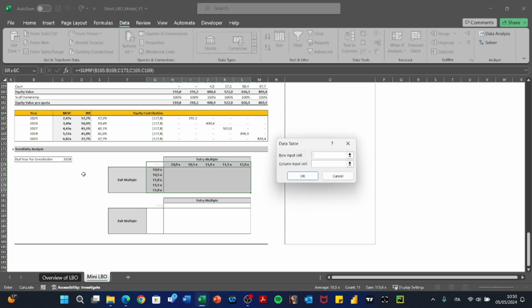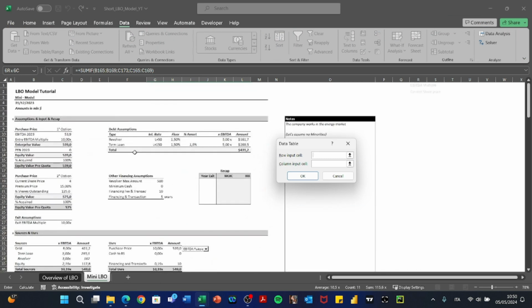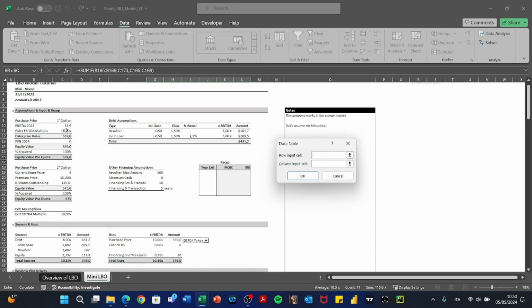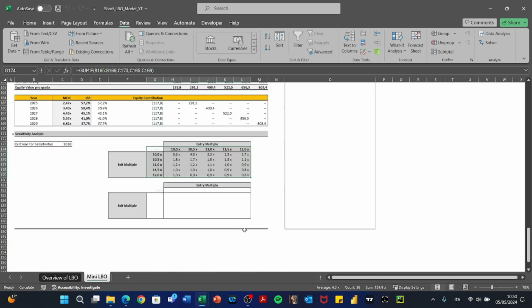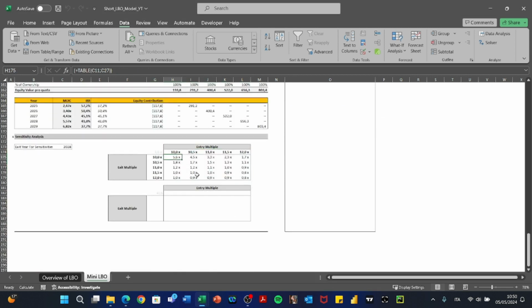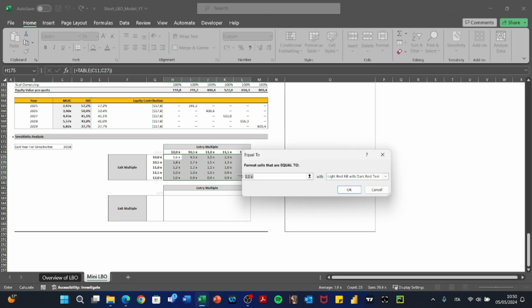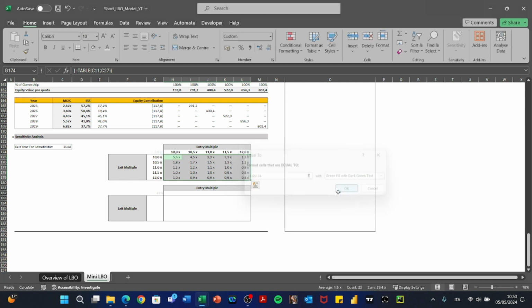Then let's go with the rows, the entry, and the exit column with me. Okay. 5.2, 5.6, 8. Look for this one. Up in one. Perfect.